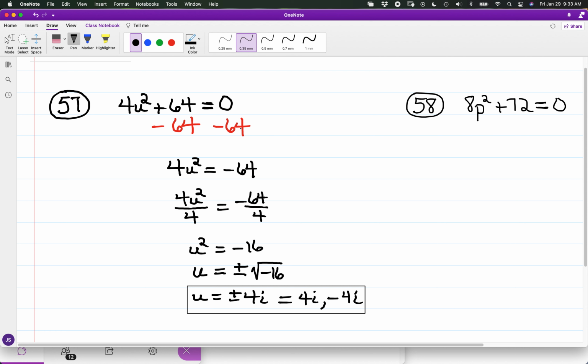Just like what I did with 64, I'm going to do the same thing to 72. I'm going to take that away so as to isolate the variable term in the equation. So in this adjustment, I have 8p squared equals minus 72.